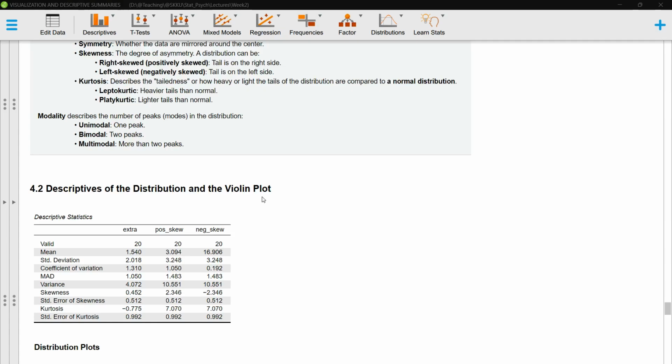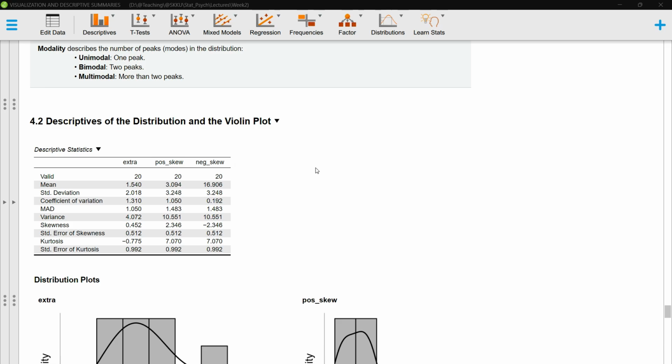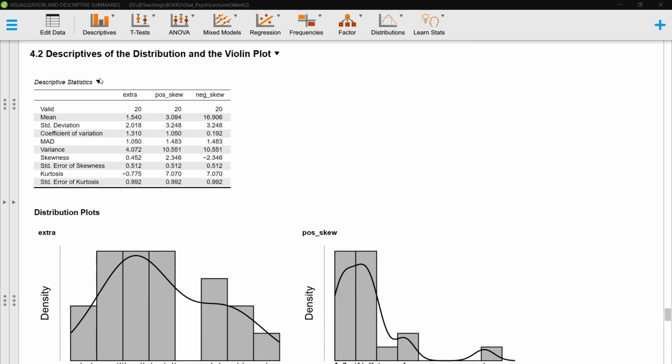And this is an example. We have three different variables. One is the original extra hours variable, and another is a right skewed, positively skewed variable generated by the computer. And the next skew variable is just a mirror image of the positively skewed variable, exactly the same but mirrored.